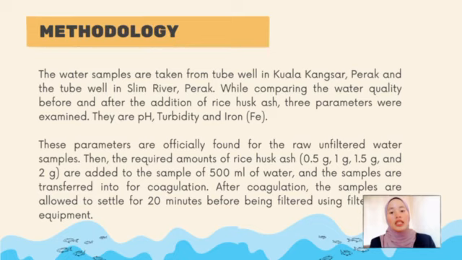Then the required amount of rice husk ash is added to the sample of 500 ml of water, and the sample is transferred into the coagulation. After coagulation, the sample is allowed to settle for 20 minutes before being filtered using filter pump equipment.